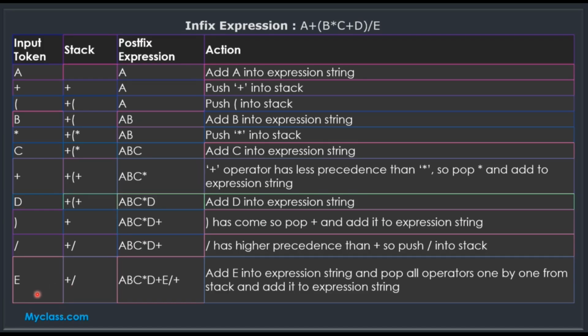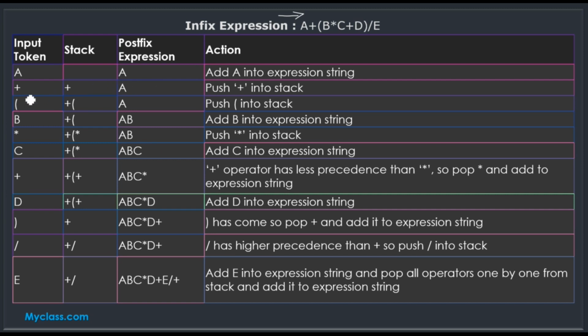Our infix expression is A + (B * C + D) / E. We are scanning from left to right. So first we consider A. A is an operand. We are just adding this into the postfix expression.